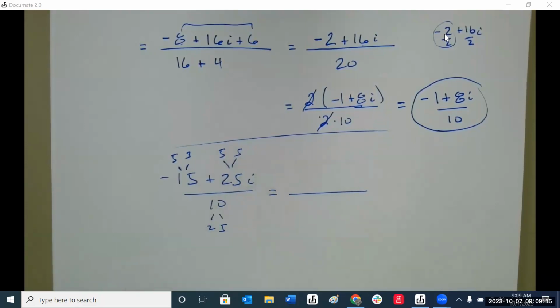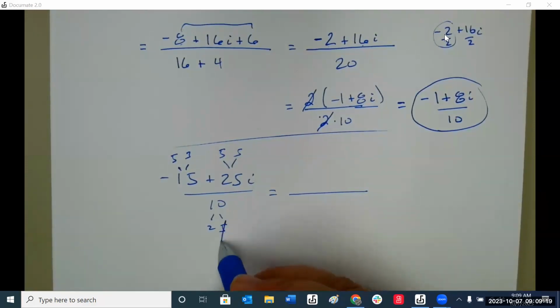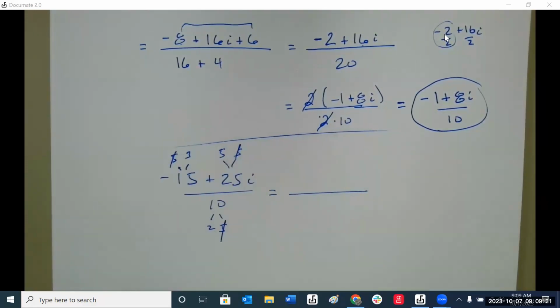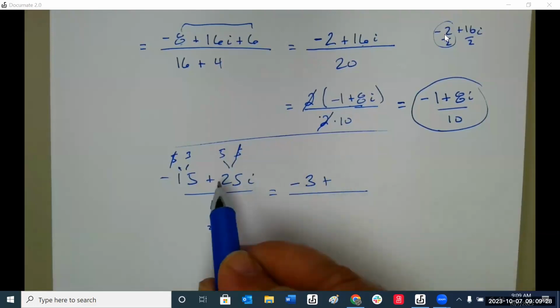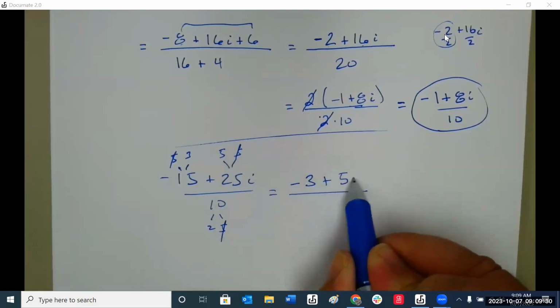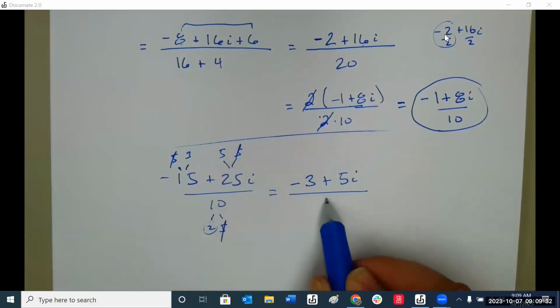They all have a 5 in common. So basically, I could just get rid of one 5 from everybody, which leaves me with a -3 plus 5i over 2.